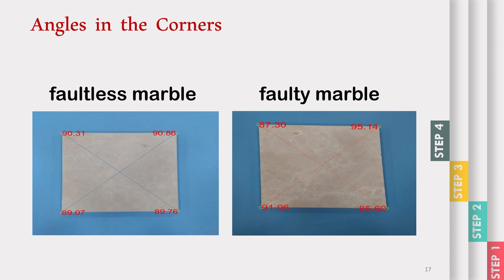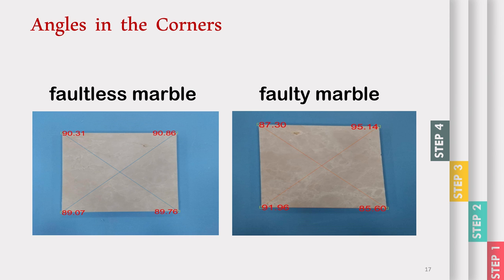So we are seeing 2 marbles here, and one of them is a faultless marble and the other is a faulty marble. As you see, the marble's corner degrees must be 90 degrees.